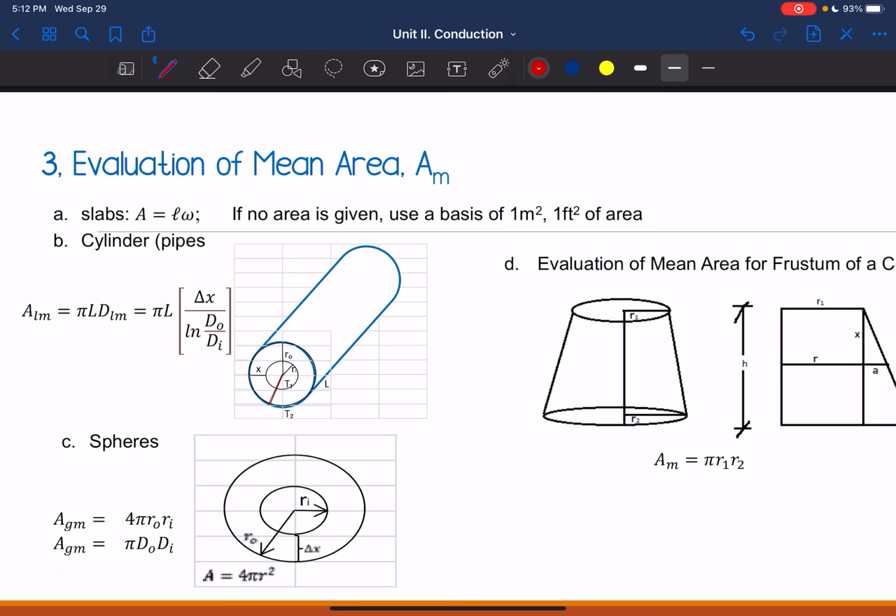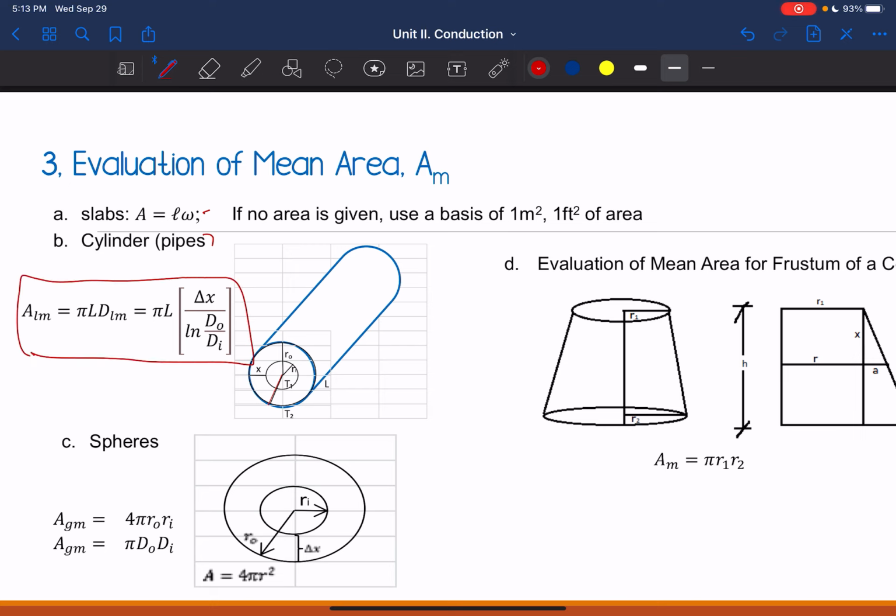Let's evaluate mean area. So it would just be easy. For slabs, you just multiply the length times the width. If it is a cylindrical shape, or in that case pipes, your mean area is equivalent to pi L d log mean, or pi L delta X ln(do/di). I think in the module that I have uploaded in Schoology, the derivation of these equations is found.